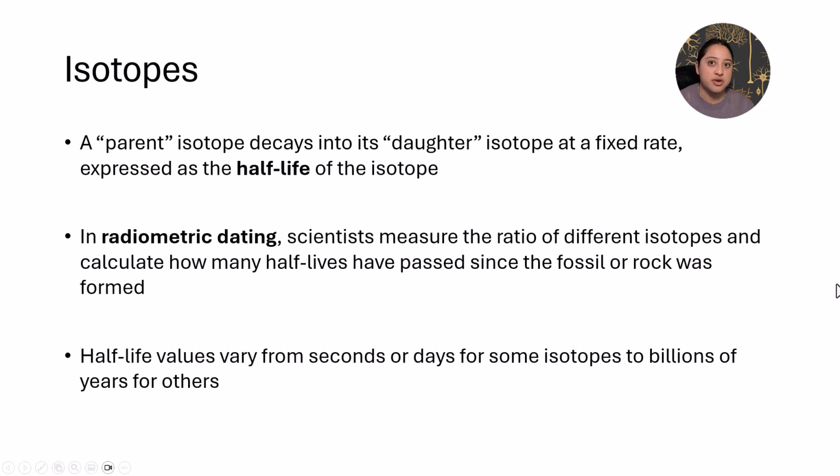So that's another application. And it depends on whatever isotope you are looking at. They're going to have different half-lives. The half-life values can vary from seconds to days for some isotopes to billions of years for others.